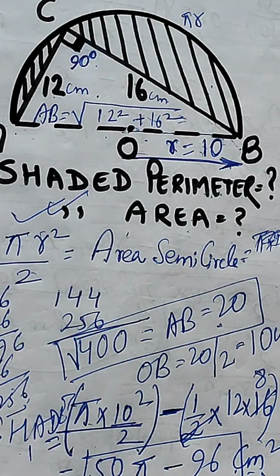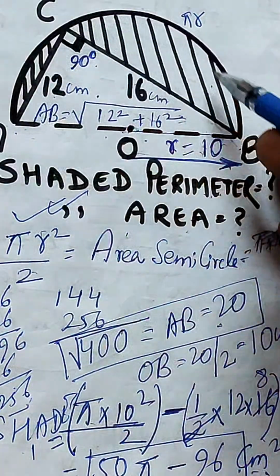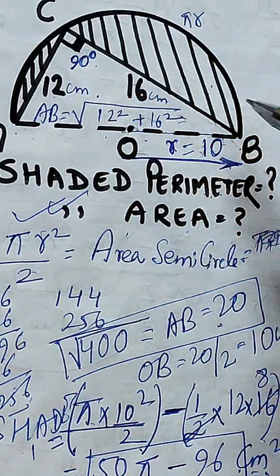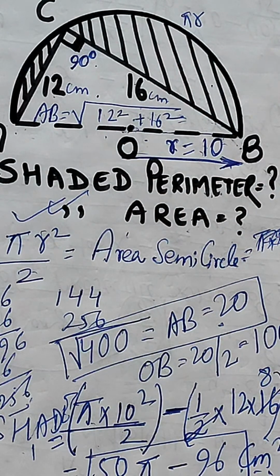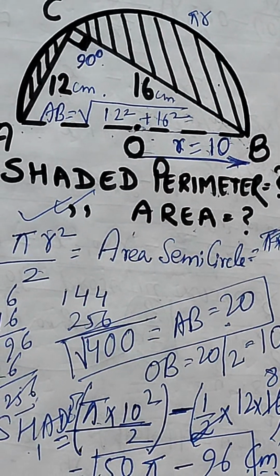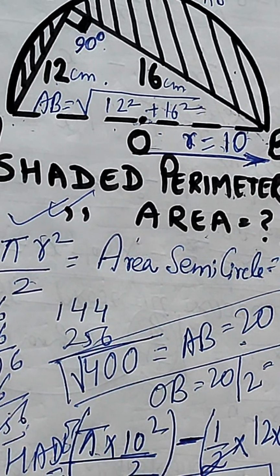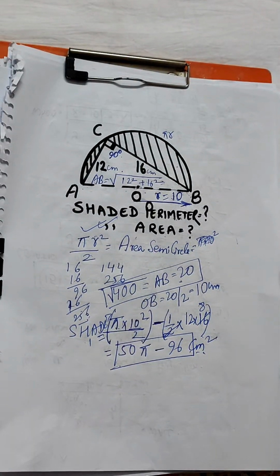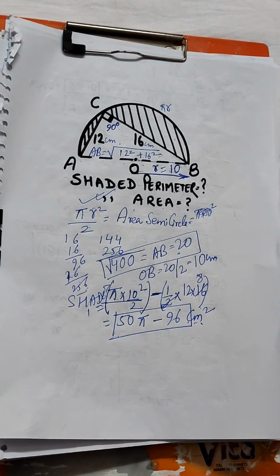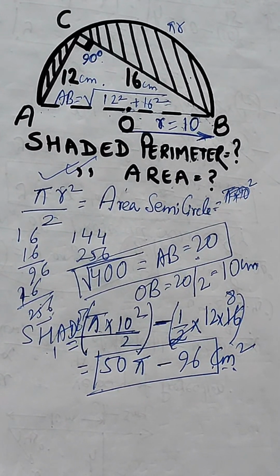Now, the area is calculated. Now, what is the perimeter of this? To calculate the perimeter of this figure, what will we do? Let me squeeze a little so that I will have some space.